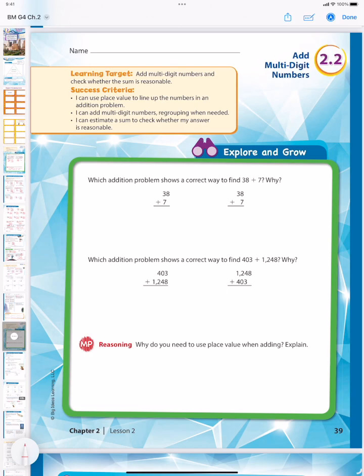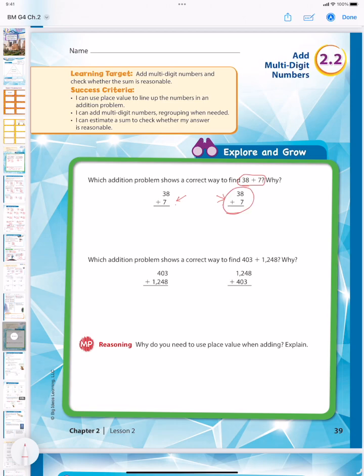Which addition problem shows a correct way to find 38 plus 7? Why? Can you guess? We have two problems here. Which one is correct? Thank you.